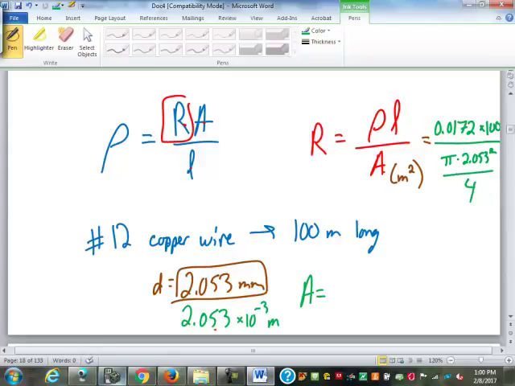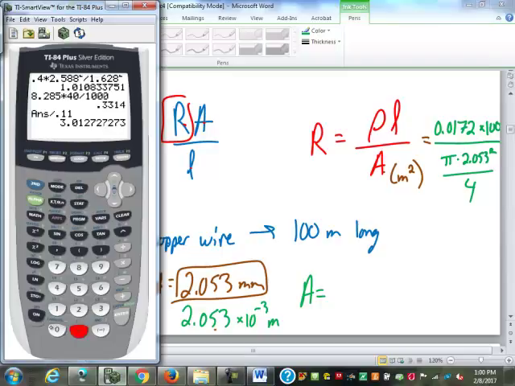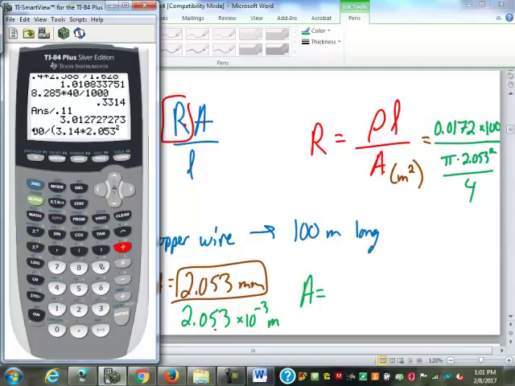So I'm going to punch that in my calculator and see what I come up with. 0.0172 times my length of 100 meters divided by, now I'm going to put this in parentheses here, pi, which is 3.14, times 2.053 squared divided by 4, close my parentheses.